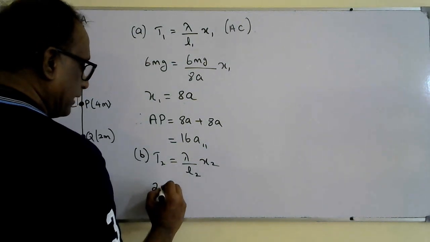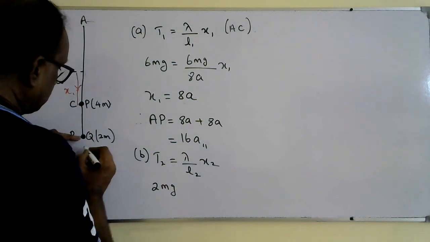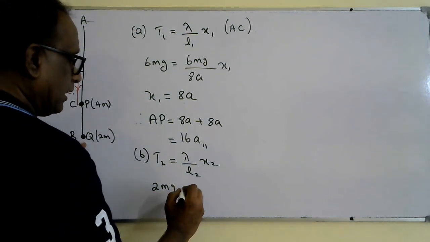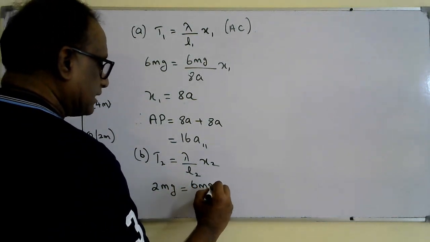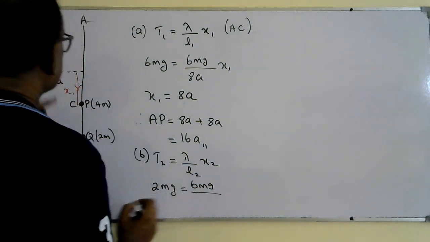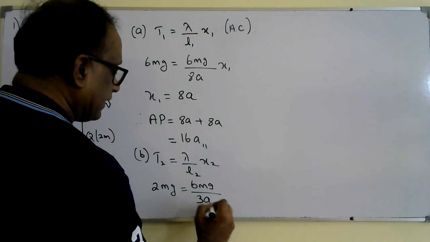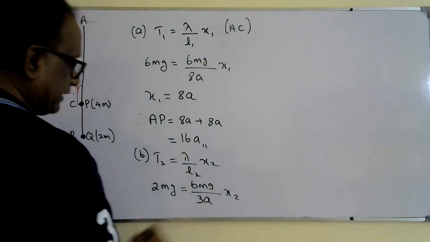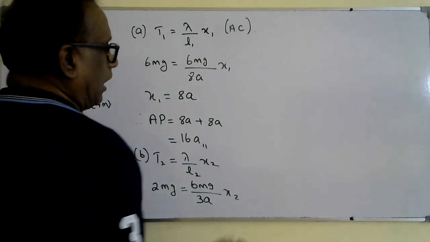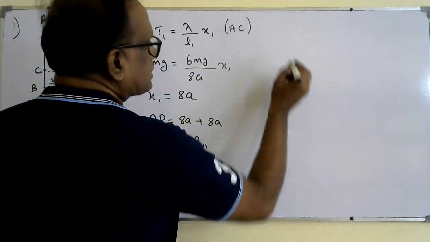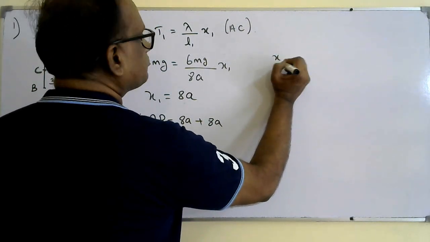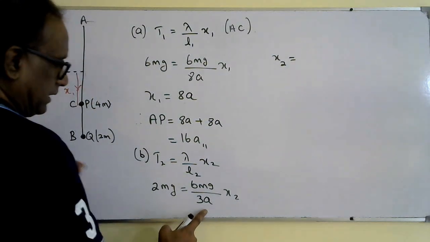T2 is equal to 2mg, because below that portion the only mass acting is 2m. Lambda is 6mg, given in the question. L2 is, this is 8a, this is 3a, the natural length is 3a. So 6mg into x2 over 3a. Solve it and find x2. So x2 will be a.